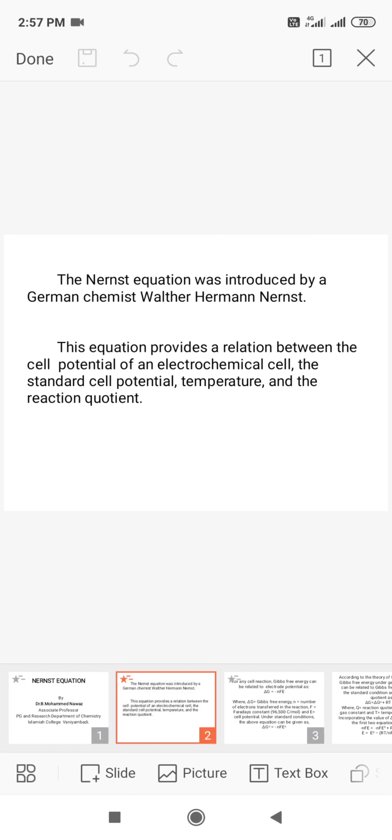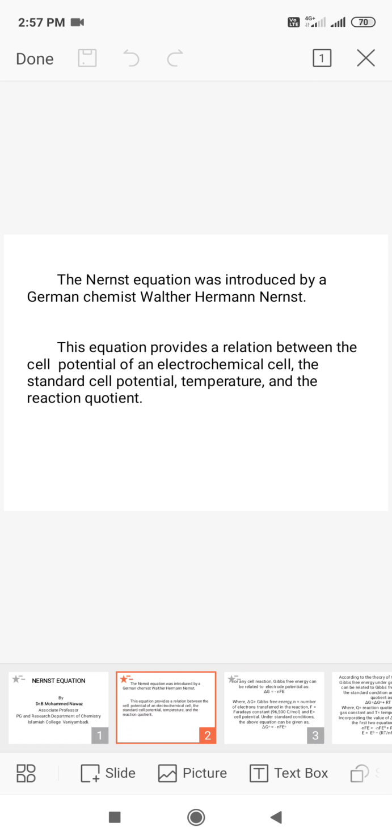The Nernst equation was introduced by the German chemist Walter Hermann Nernst. This equation gives a relationship between the EMF of a cell, that is cell potential, and the standard cell EMF, temperature, and the reaction quotient.